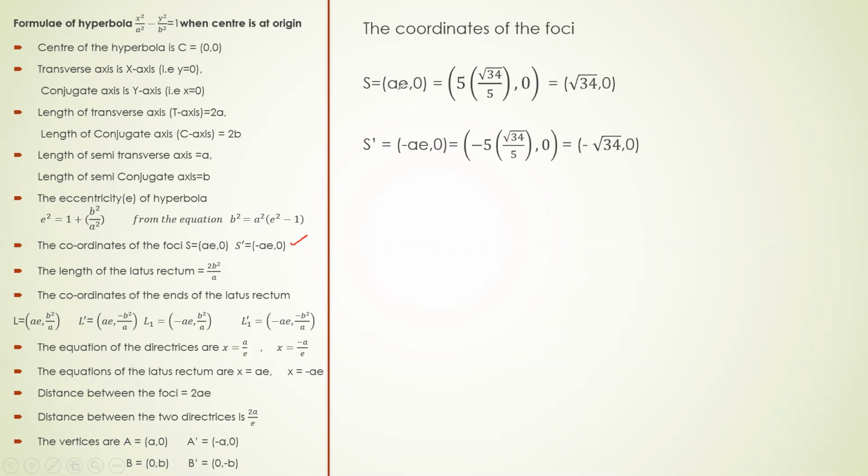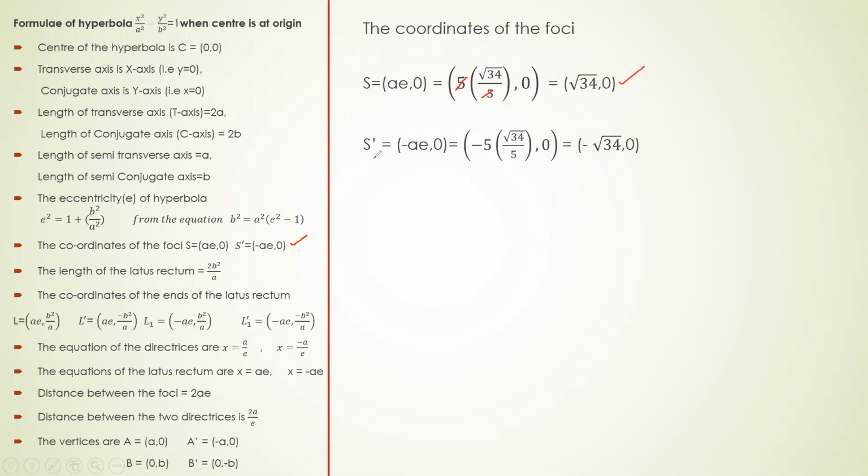We will make use of A into E comma 0. A value is 5. E value we have just calculated. It is root 34 divided by 5, comma 0. 5 and 5 get cancelled because here the multiplication sign is there. So left out is root 34 comma 0. That is one of the coordinates.